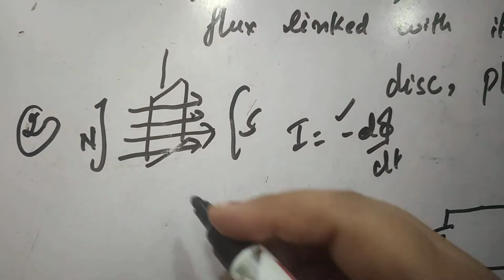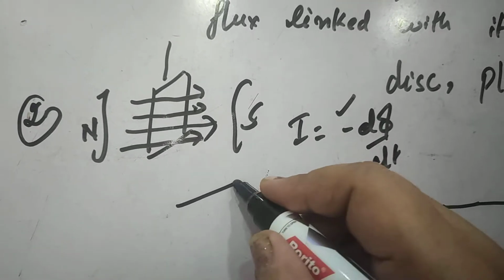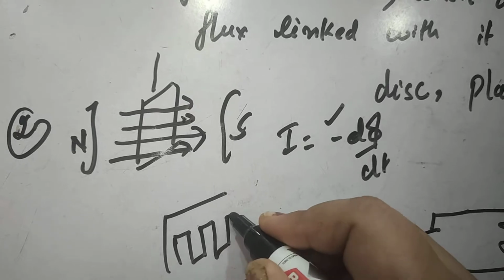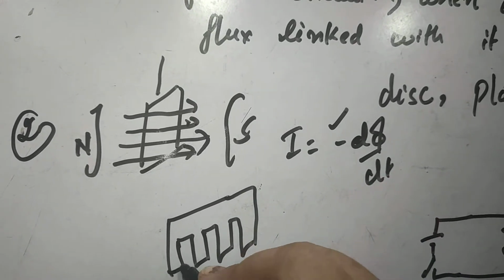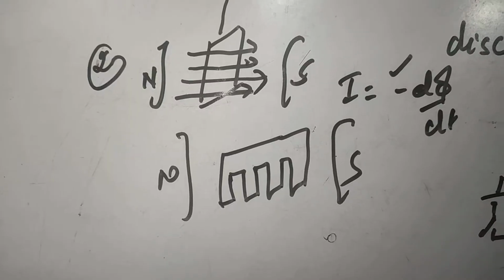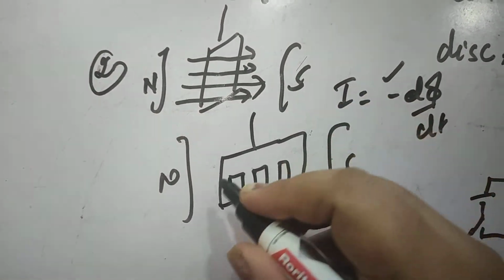But if we hang the plate with slots like this, in a north and south pole, in this case we have reduced the area.